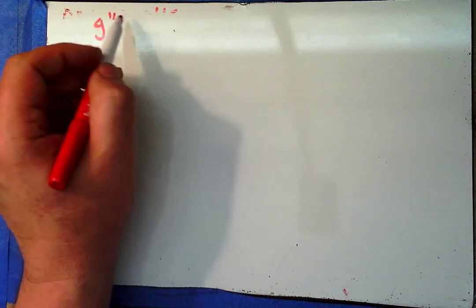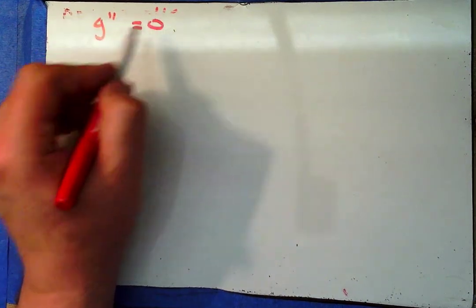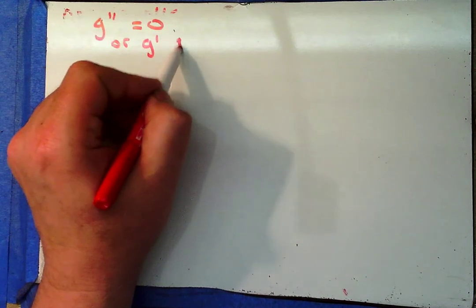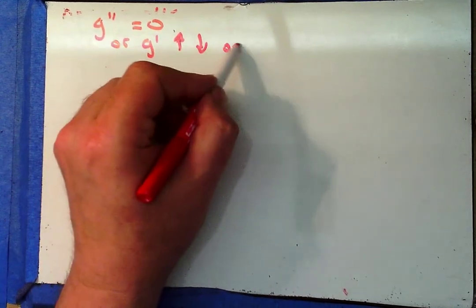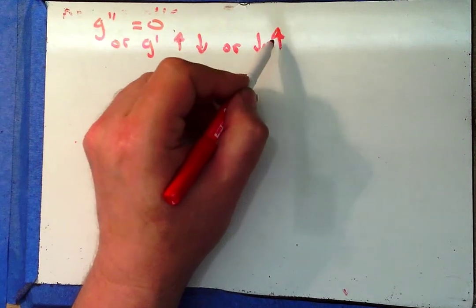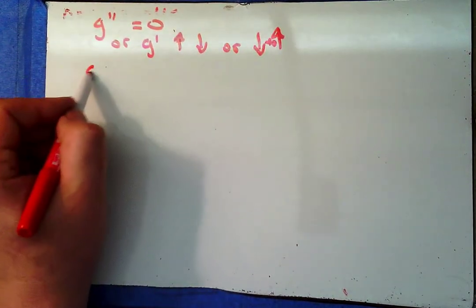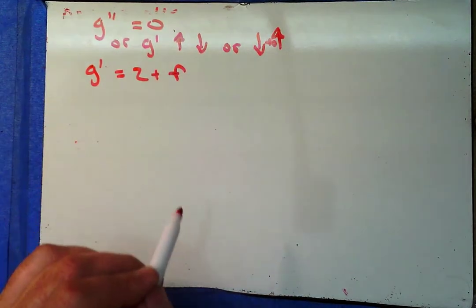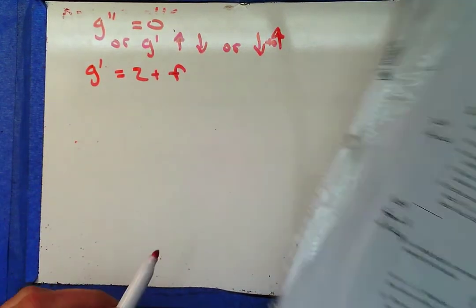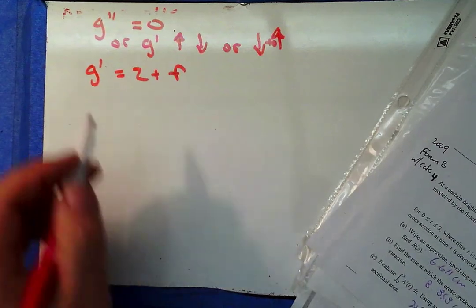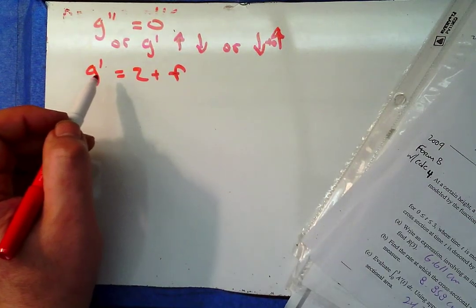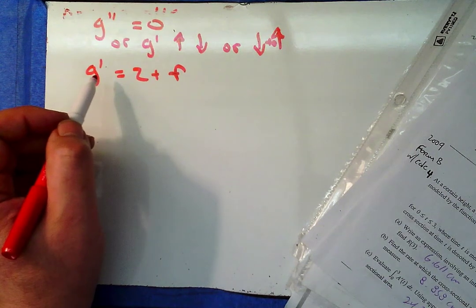Okay, so we're looking for G double prime equals 0, or G prime goes from increasing to decreasing, or decreasing to increasing. And we said before that G prime would be 2 plus F. So I want to know when 2 plus F goes from increasing to decreasing, or decreasing to increasing.